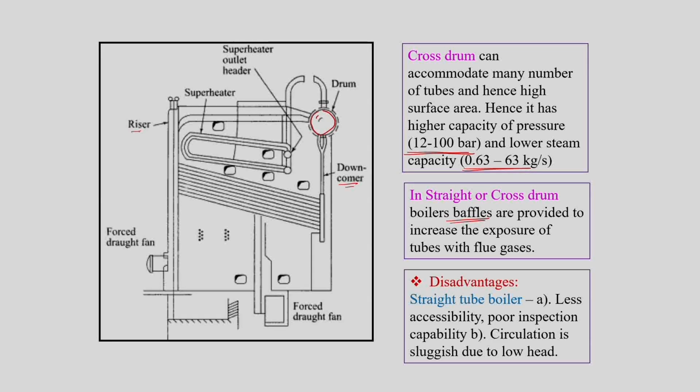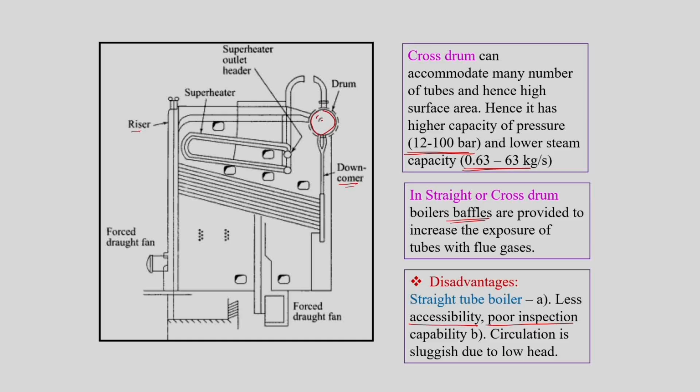Further, we can see that both the cross drum and the straight drum boilers have tubes which are straight. So, these are straight tube boilers. The straight tube boilers face the problem of lower accessibility, so we have poor inspection ability, and further, circulation becomes sluggish since the tubes are straight.